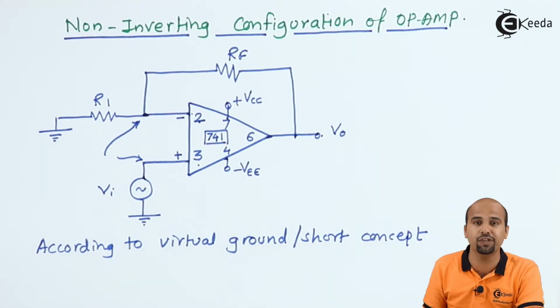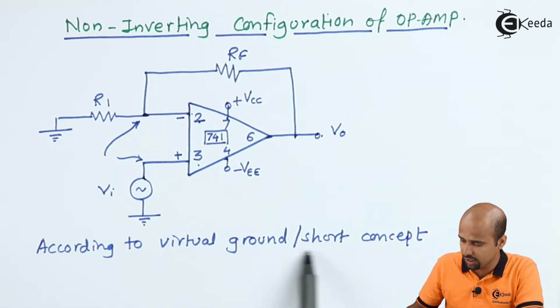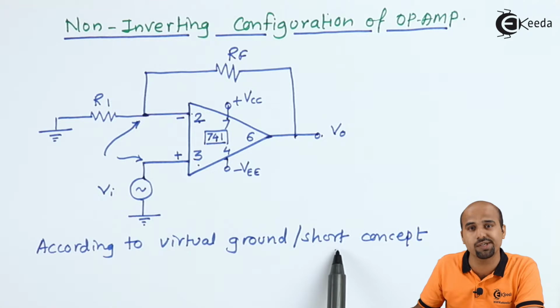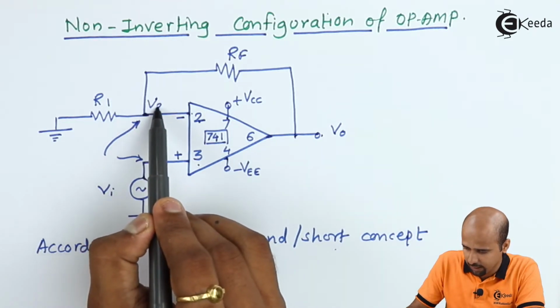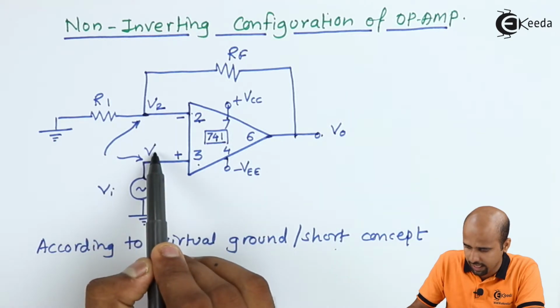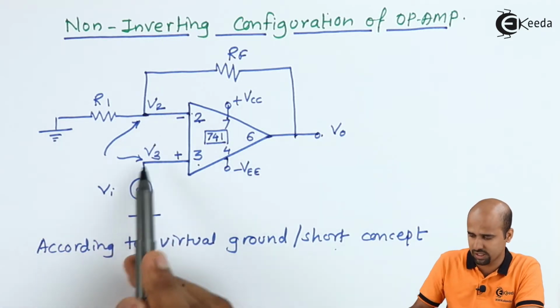Now here, which concept do I have to use? Think in that way. Virtual ground is a subset of virtual short. If we name this V2 and this V3, from virtual ground and virtual short concept, I know that V2 is equal to V3.